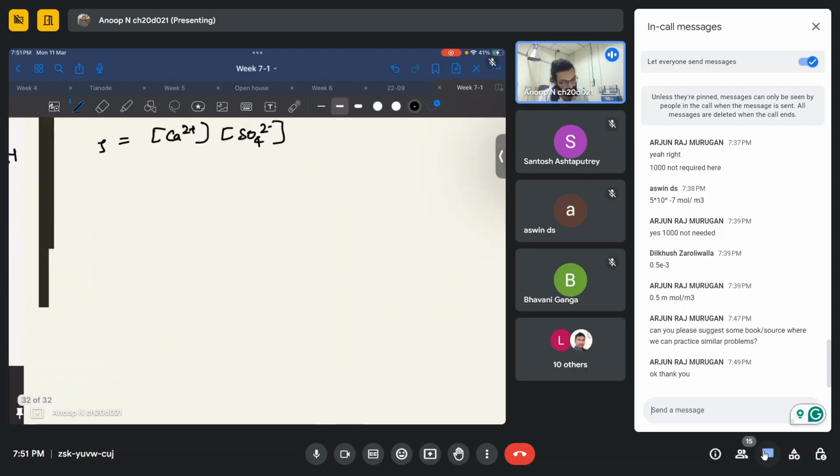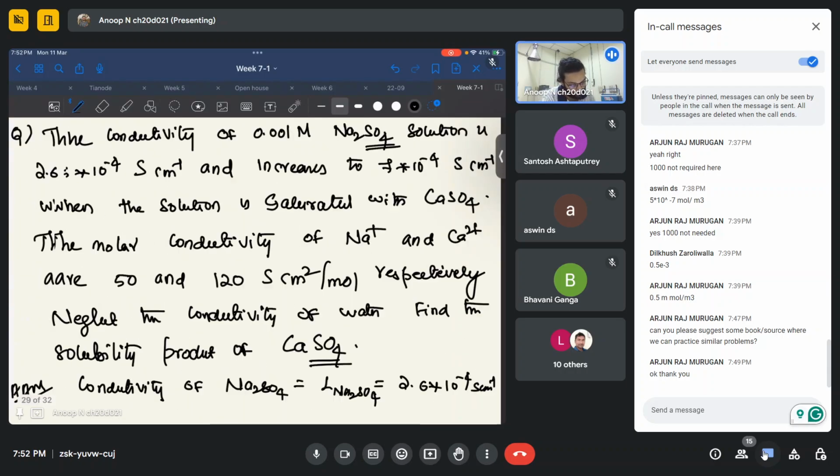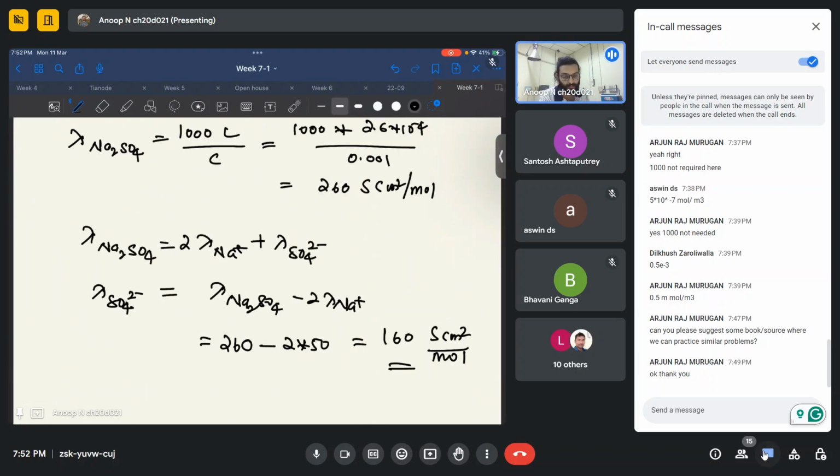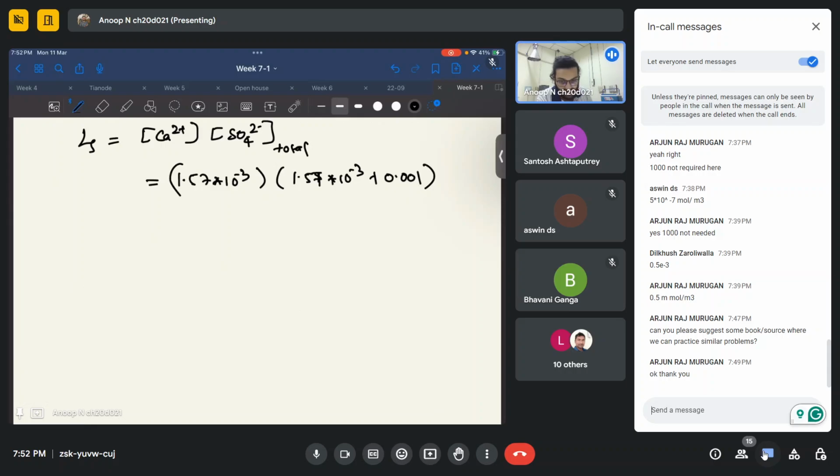So in this case, you have to take SO4 2- total. So it is 1.57 into 10 raised to minus 3 into 1.57 into 10 raised to minus 3 plus 0.001, which is the molarity of Na2SO4. In that, 0.001 molar sulfate is also there. So this is nothing but 4 into 10 raised to minus 6 molar cubed.